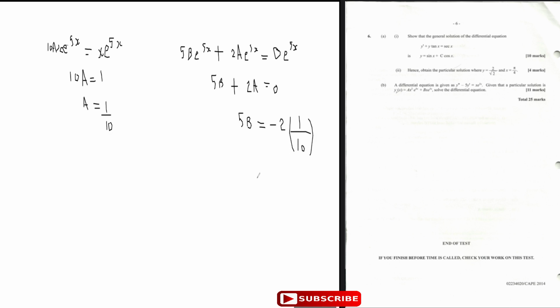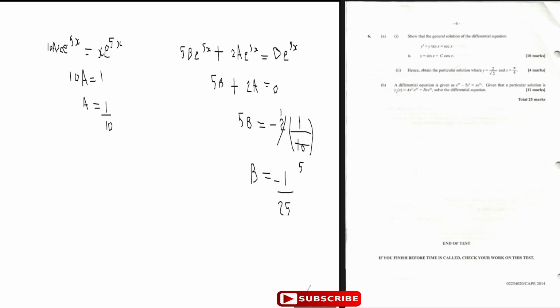And so b is equal to, minus 2 cancels to become 1, and the 10 cancels to become 5. Doing the division, this works out to be 1 over 5 times 5, which is 25. So a is 1 over 10 and b is minus 1 over 25.